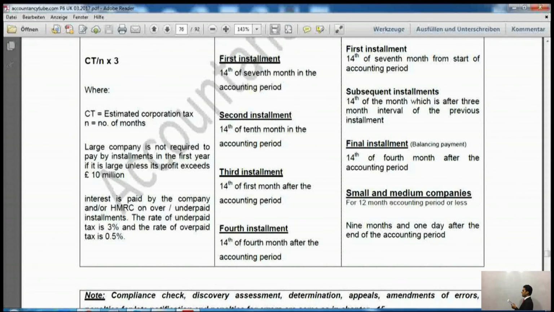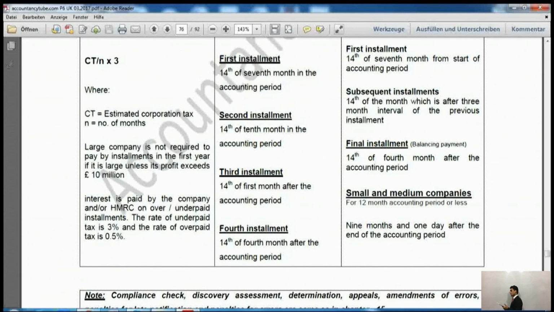Now, if your accounting period is less than 12 months, first calculate the date when you have to pay the first installment. Then calculate the date which you have to pay the final installment. The ones in between you can calculate later.